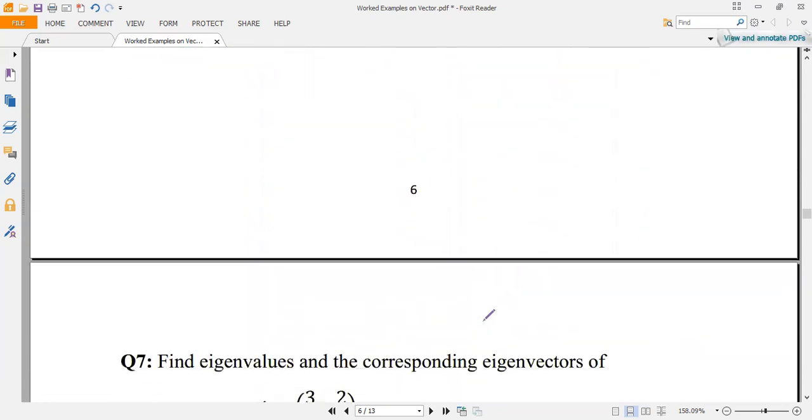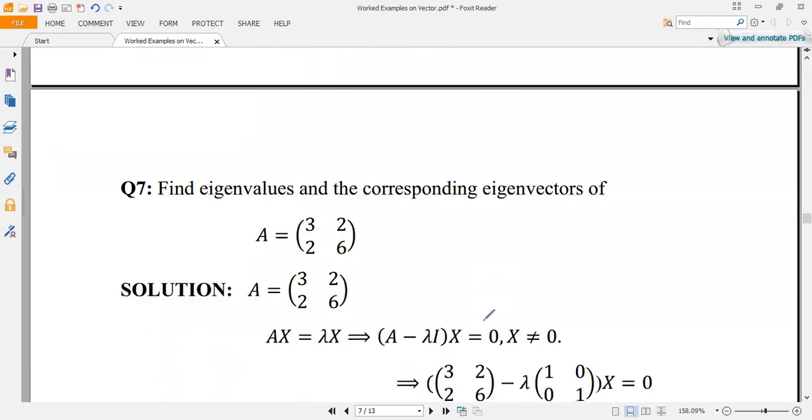The other concept under matrices and determinants is the eigenvalue and corresponding eigenvector.